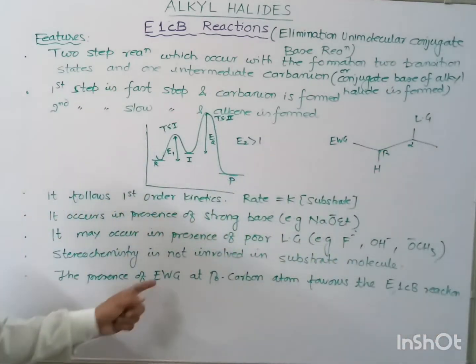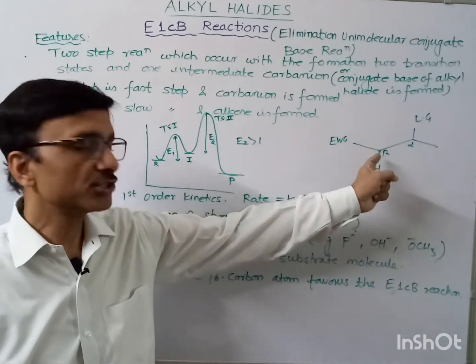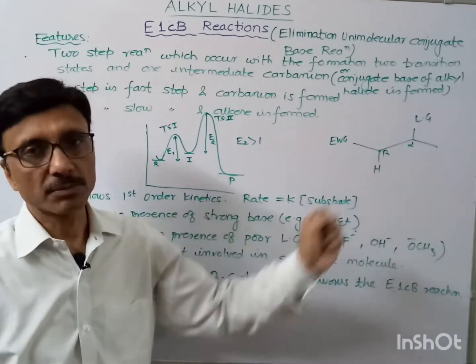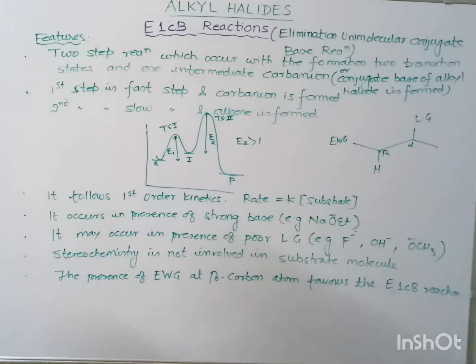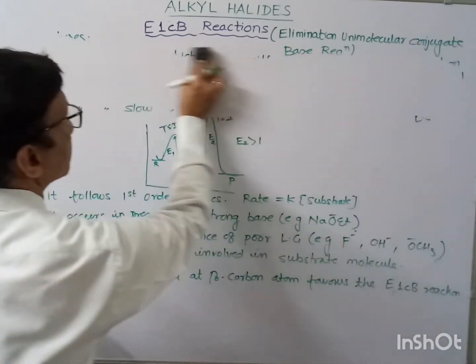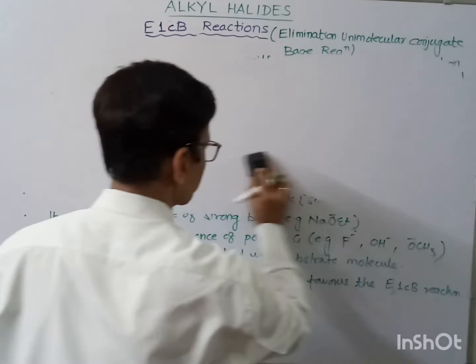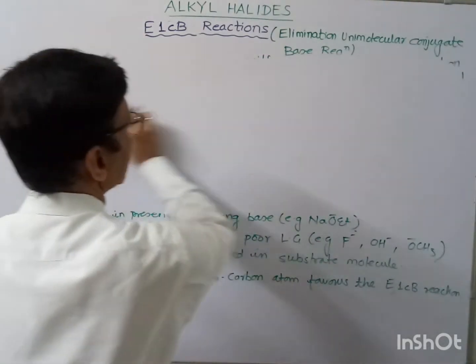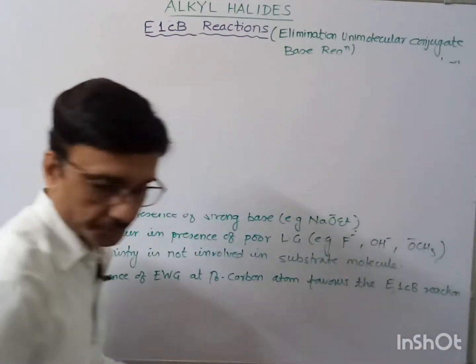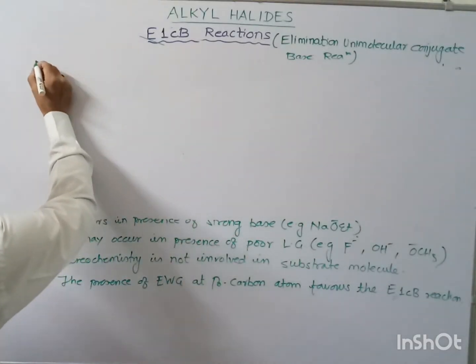Because this electron withdrawing group neutralizes the negative charge of this carbanion. So this is the reason. So let us see some examples. Let us explain it with the help of an example.